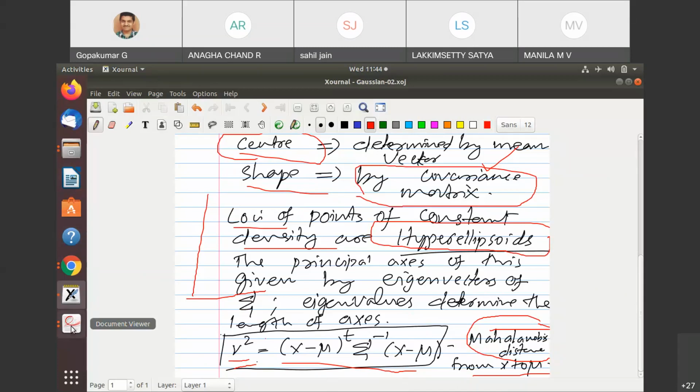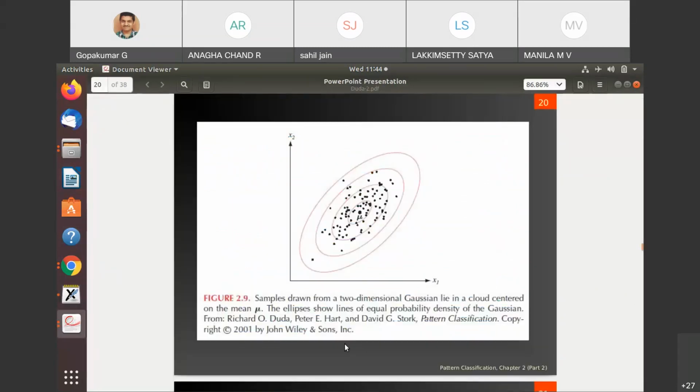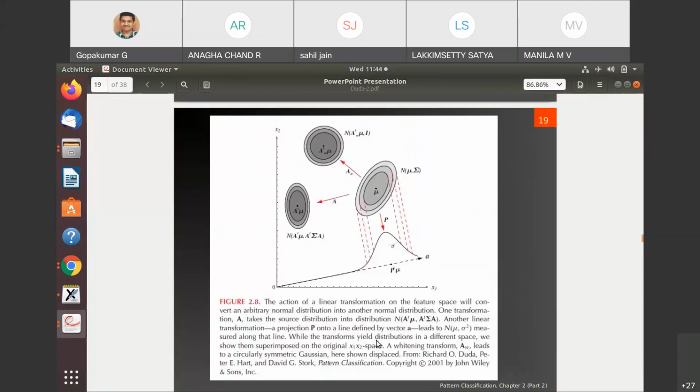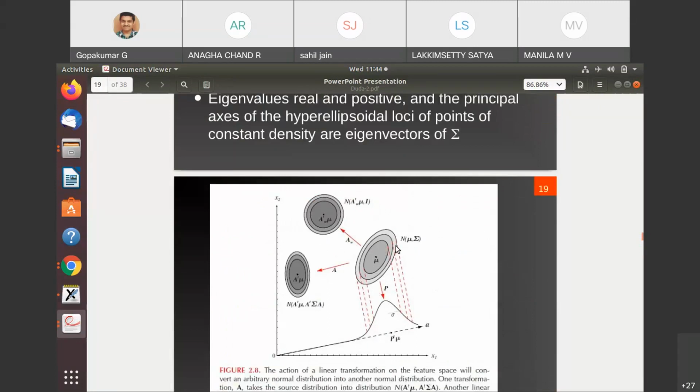Then there are some transformations you can apply that result in different forms of the points falling. You can convert the ellipsoid into a circular shape.